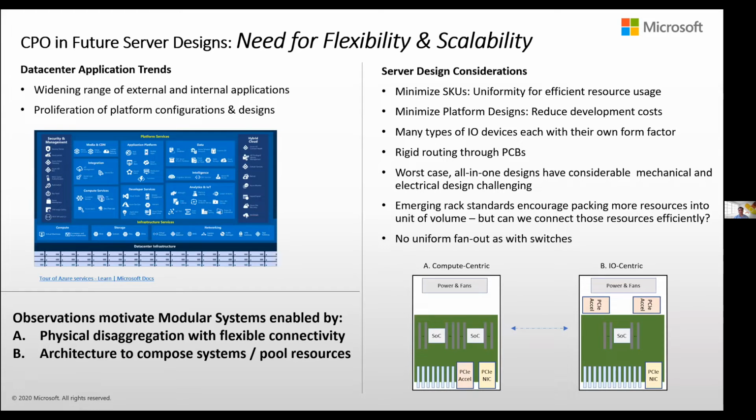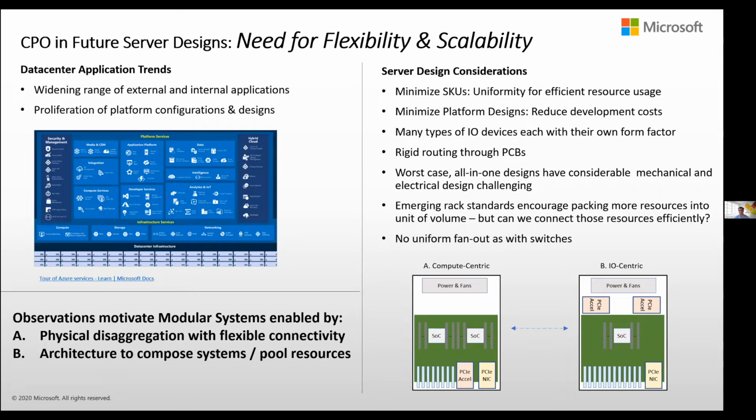First, if you look at the data center application trends, it's just amazing in terms of the number and the range of external and internal applications that are running in data centers, right? It's ever increasing, it's already large, and continuously there are just so many things that run. And that variety, that whole range, directly implies a proliferation of platform configurations and designs.